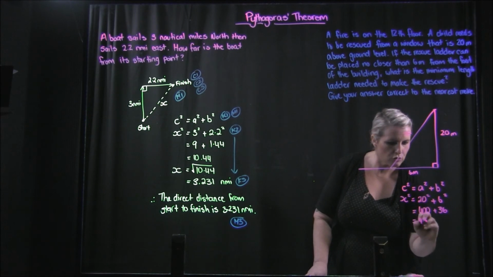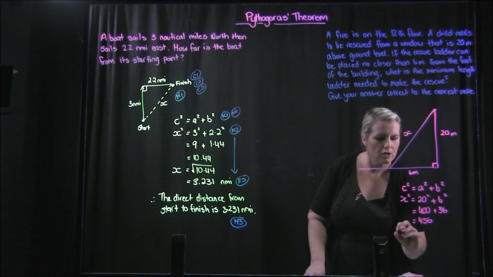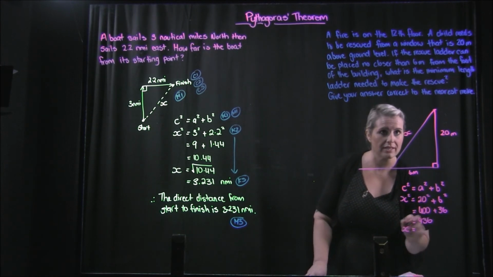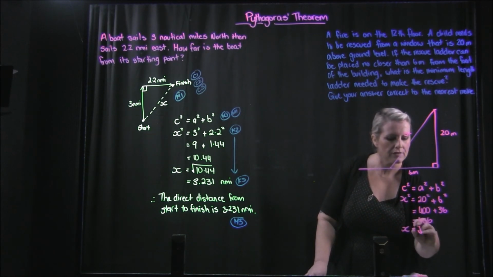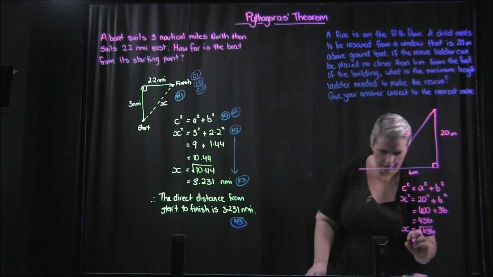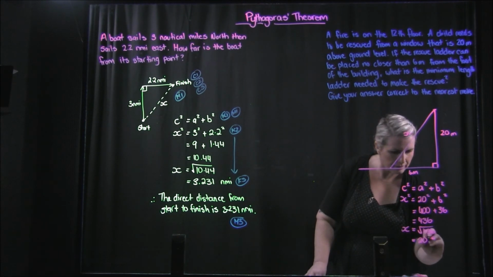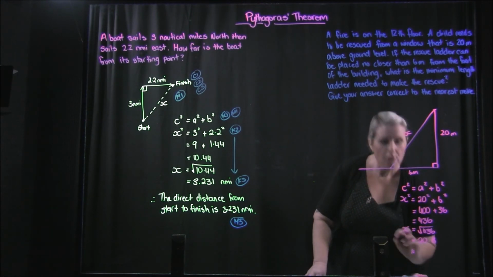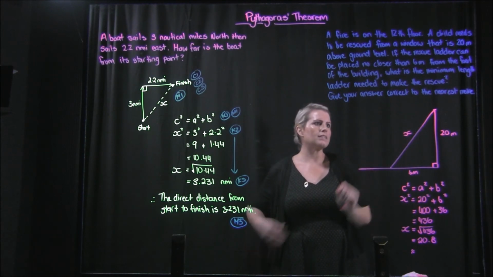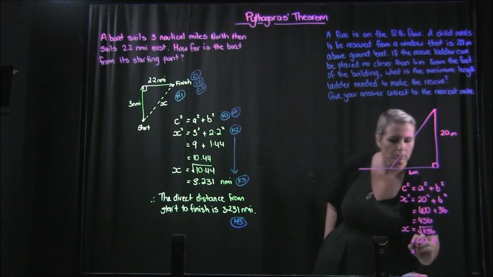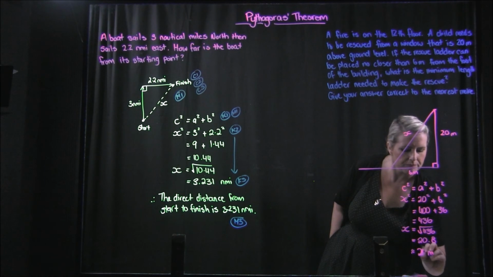So I get 436 for x squared. To find x, I need to do the opposite of x squared, or the inverse. I'm going to find the square root of 436. And what I find is that is 20.8. Now, the question tells me, give your answer correct to the nearest metre. Now I'm going to round that to 21 metres.